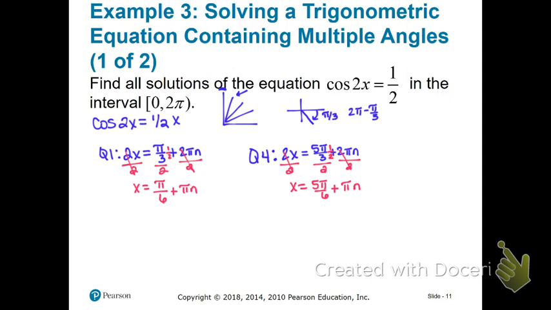All right, now we've still got to do some work. We're not done. Because of it being multiple angles, there could be more angles between 0 and 2 pi that we weren't able to find just using our quadrants. So in order to do this, I make a table. And so in my table, the first thing I do is my n value.